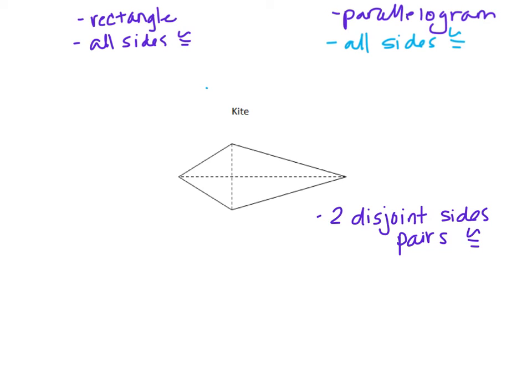So what we're talking about is this side and this side are congruent, and also this side and this side are congruent. One pair of opposite angles are congruent. So that pair of opposite angles is going to be, this angle is congruent to this angle.